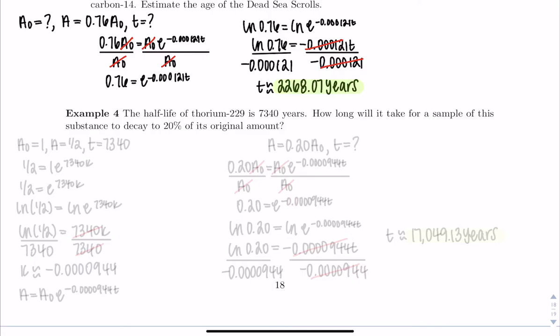Once you've done that, then you'll find the t. So let's find the k first. We know that the half-life is 7,340 years. So that means that if I plug in 1 gram, then in 7,340 years, I'll have half.